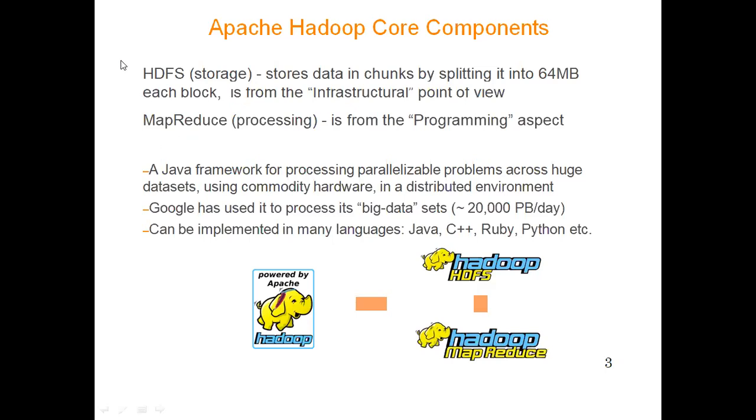One is HDFS, another one is MapReduce. In the previous session of today, we discussed in detail about HDFS, that is how the file is managed, the default split size of 64 MB, how to recover from failure, and what is the actual deployment in the production environment using HDFS.